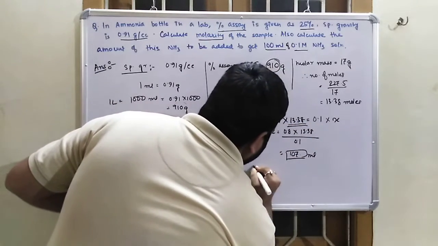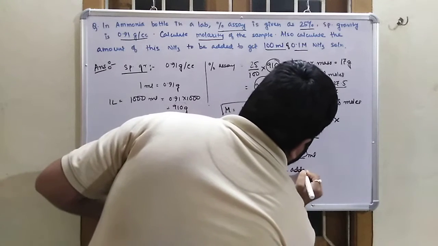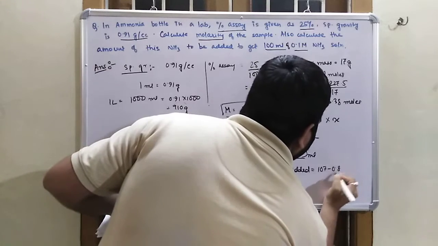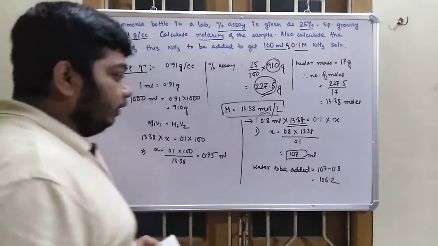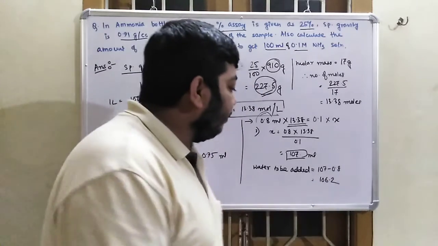So the amount of water to be added, if we can add, is 106.2 ml of water.